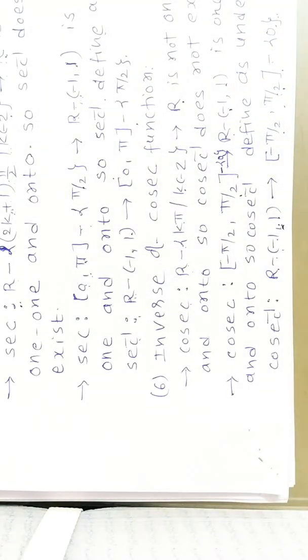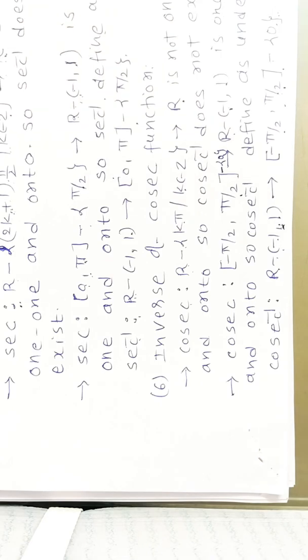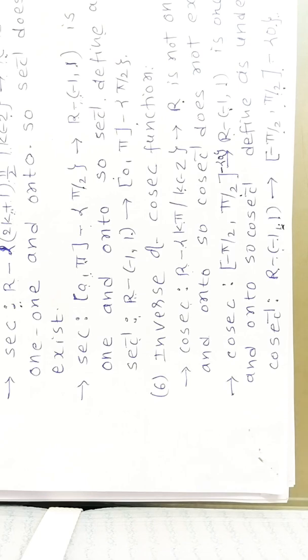All trigonometric functions sin, cos, tan, cot, sec and cosec are not one-one on their defined domains, but their domains are restricted, and we can get the inverse of all trigonometric functions. So domains and range of inverse trigonometric functions is shown in this table.